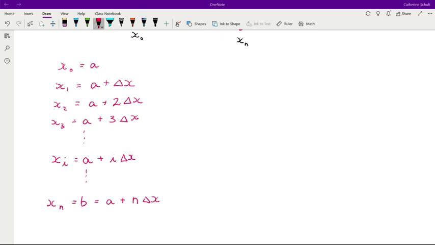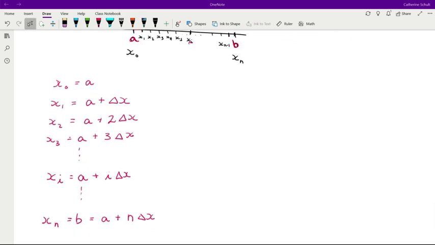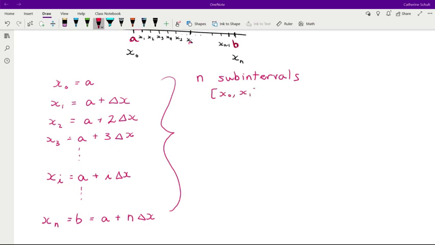Okay? And so it also creates all of these little subintervals, right? So n subintervals, and the subintervals are going to behave as the base of our rectangles. So for instance, we're going from x0 to x1, then x1 to x2, dot, dot, dot, and of course we have x sub n minus 1 to x sub n.